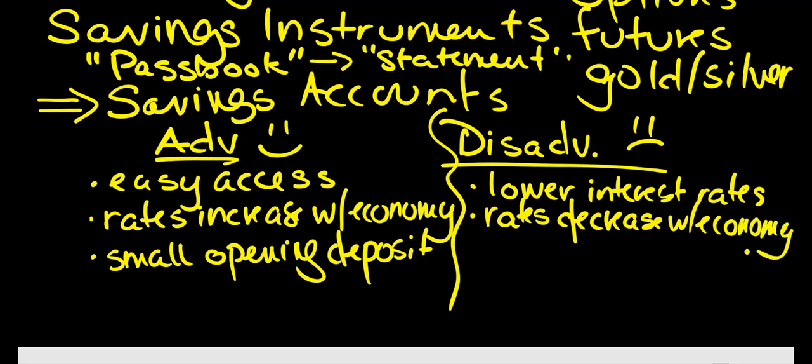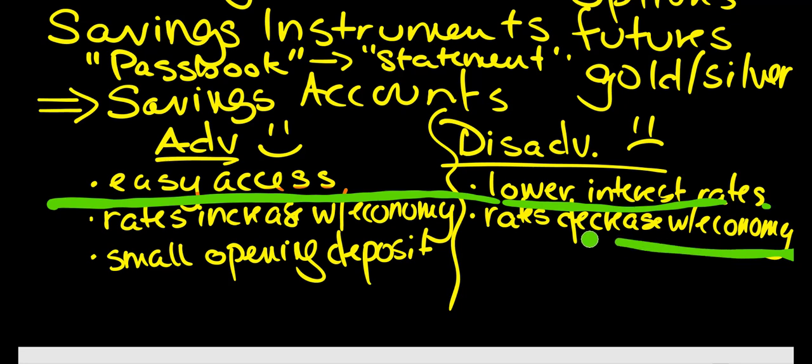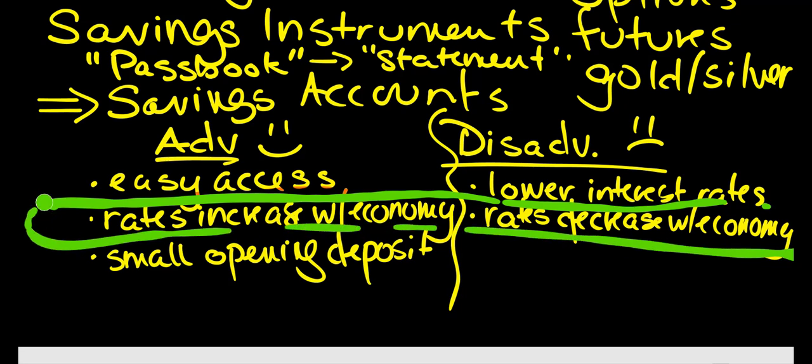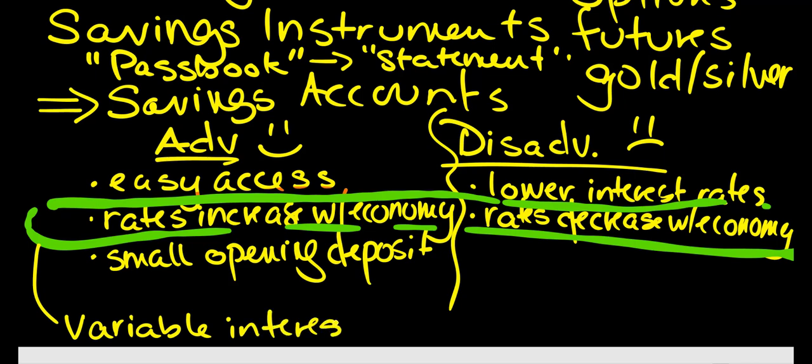So what we're getting at here on this line, whoops, okay, maybe that color wasn't a good idea, is that we have variable interest rates.